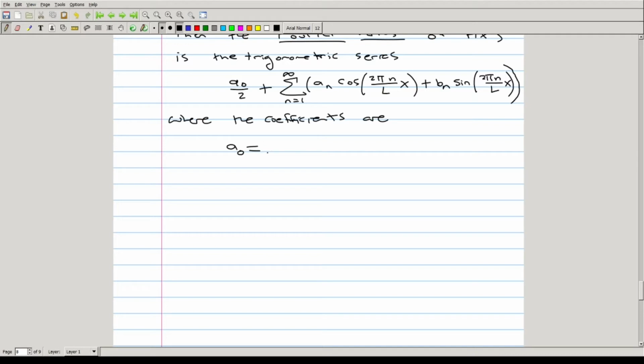a naught is 2 over L times the integral from negative L over 2 to positive L over 2 of f of x.